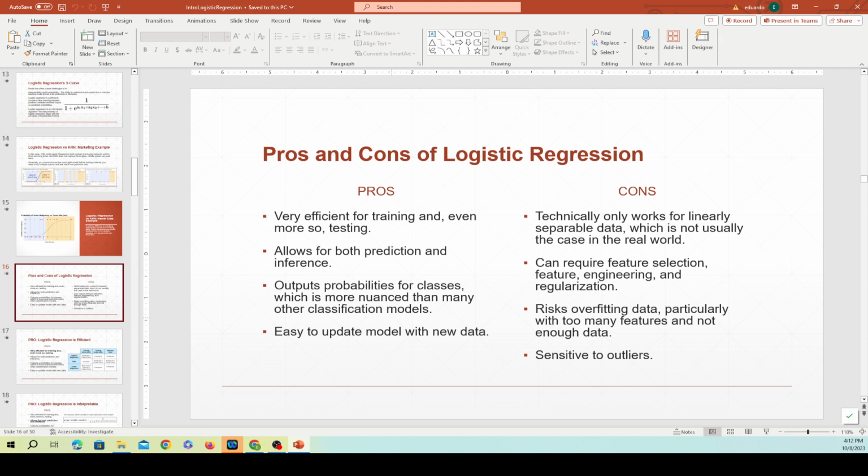Feature selection means that you have to select the proper features. Let's say you're given a lot of data, and each data is giving you information about a specific feature. A feature would be, for example, let's say you want to predict whether you're going to buy a house or not.